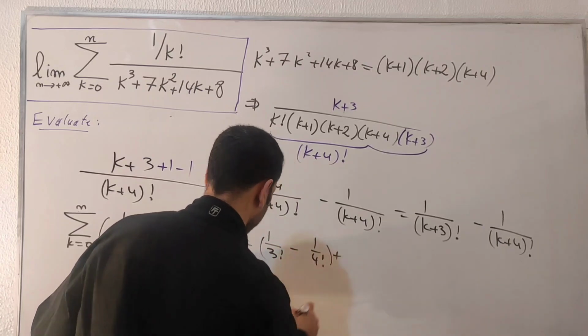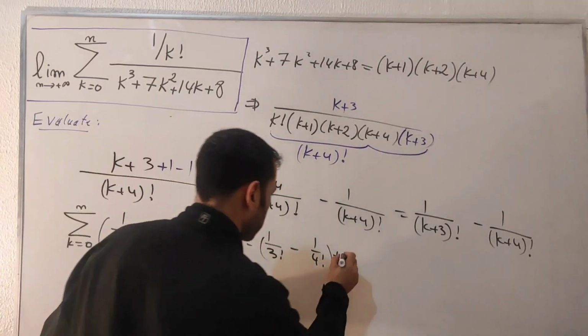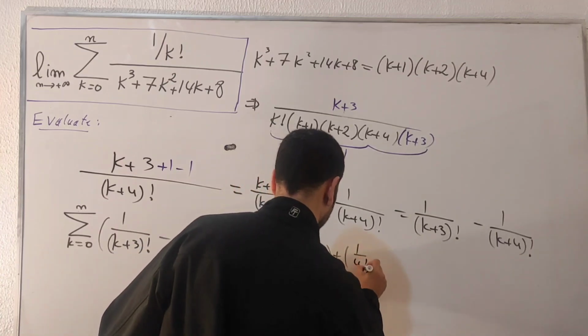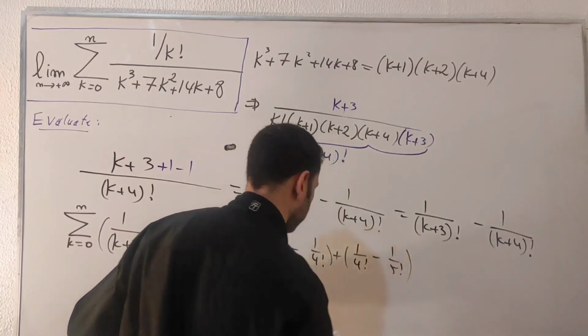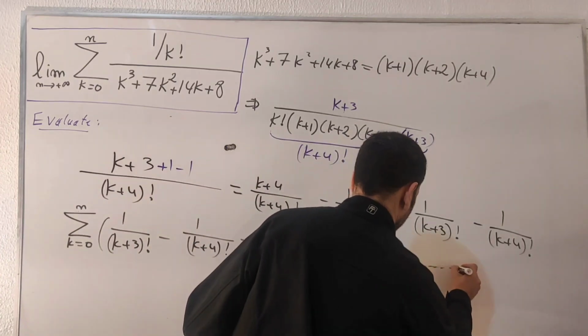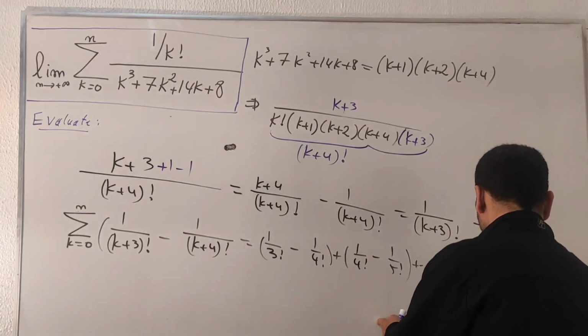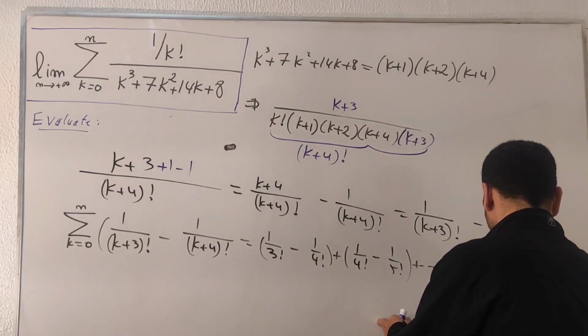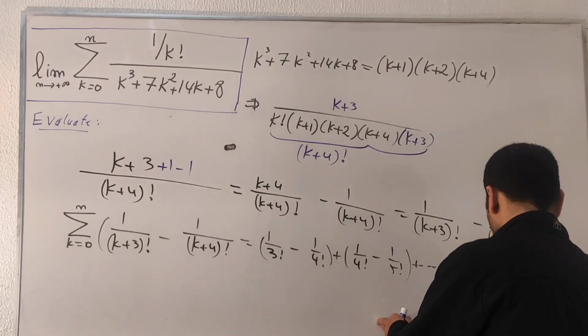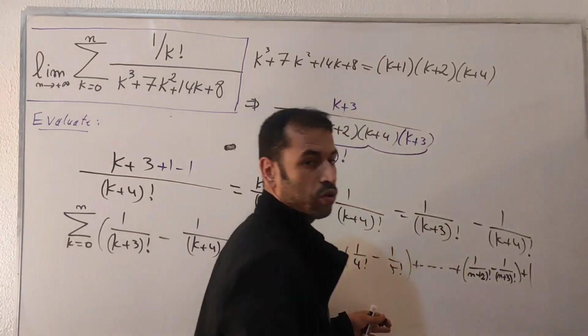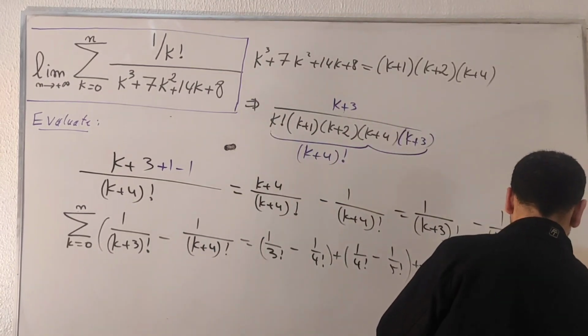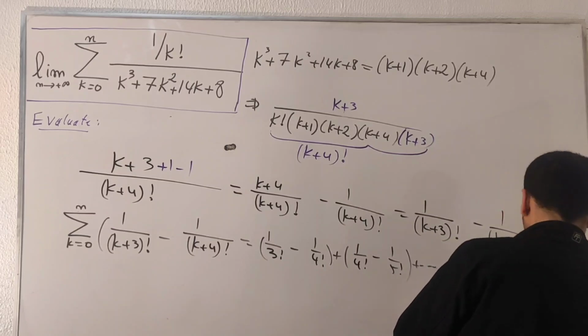The second term gives 1 over 4 factorial minus 1 over 5 factorial. This goes all the way down to 1 over n plus 2 factorial minus 1 over n plus 3 factorial, plus the last term, 1 over n plus 3 factorial minus 1 over n plus 4 factorial.